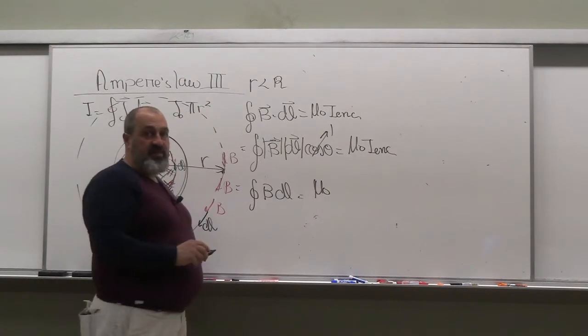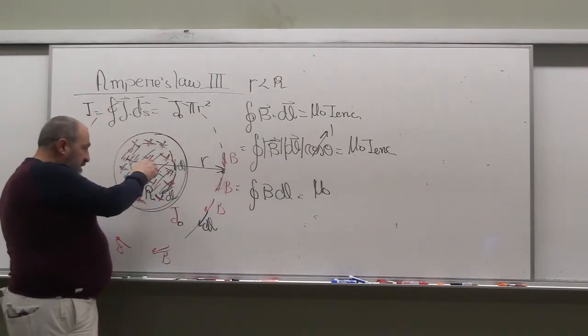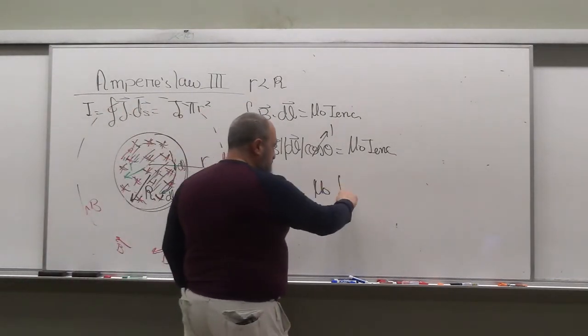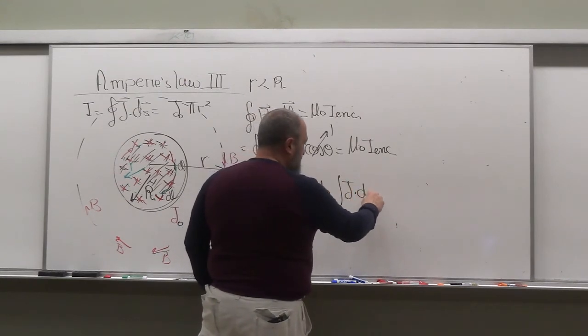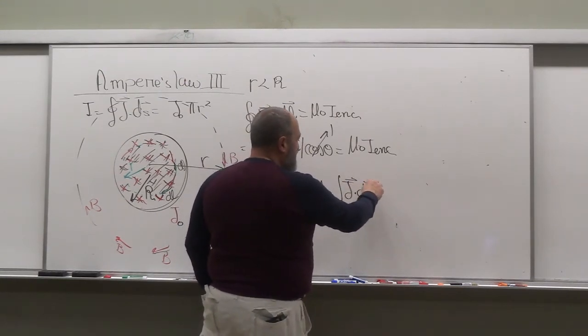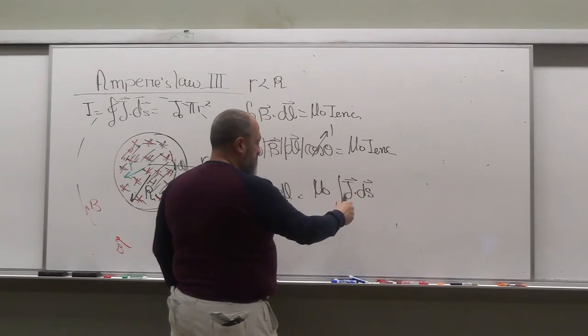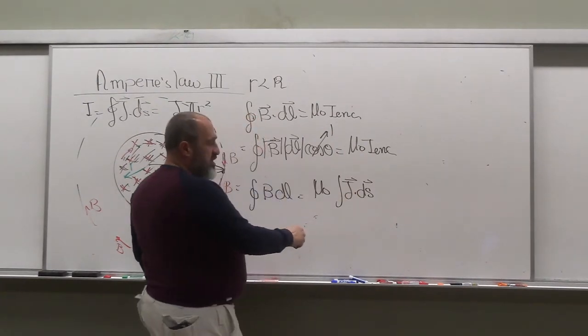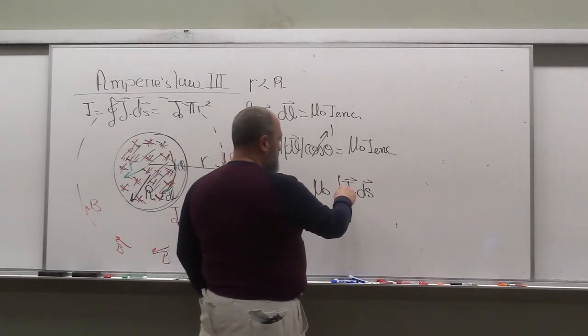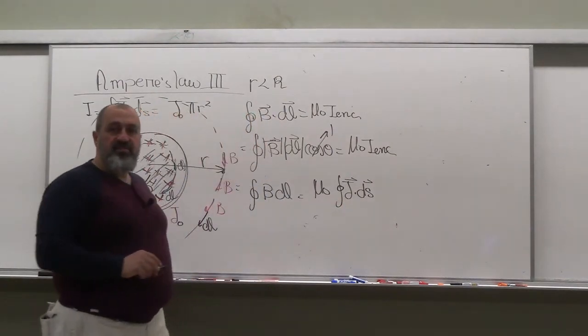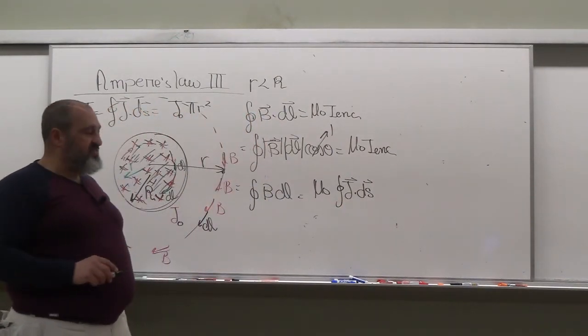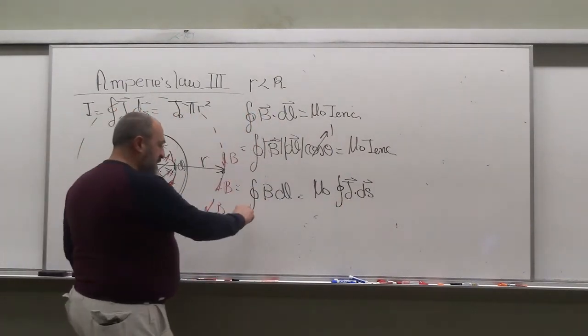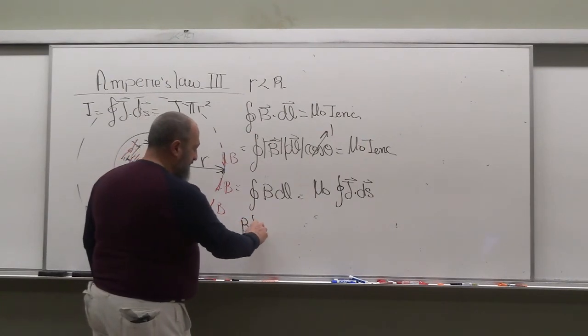And that's equal to what now? Here we have to be careful. I enclosed in here is the integral of J dot dA, or dS, over the Amperian loop area. We're not going to parameterize that yet. So that B comes out, and you have the integral of dl.